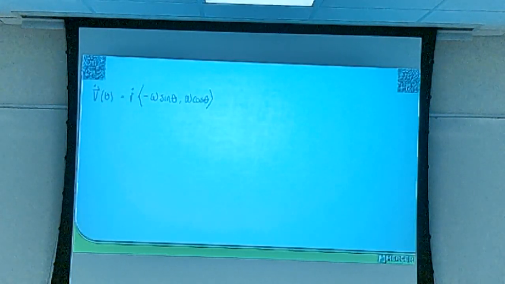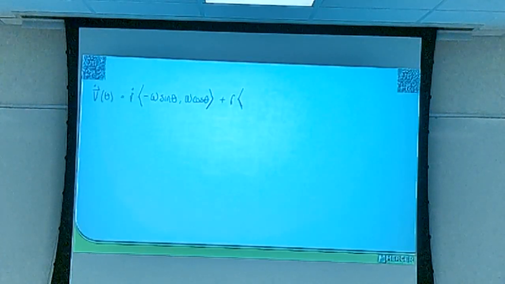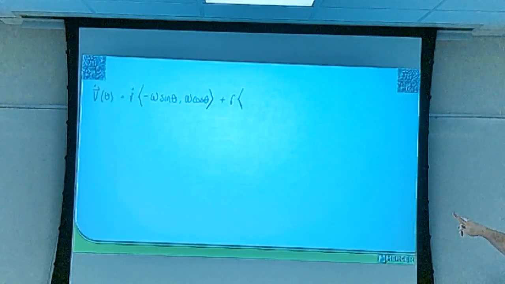Differentiate that, that'll give us acceleration, right? Does omega change with respect to time?